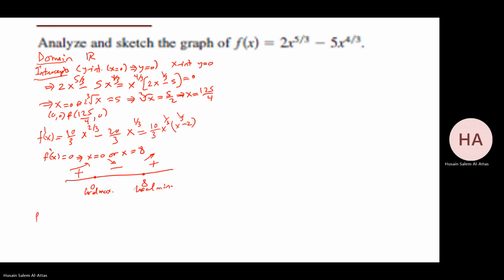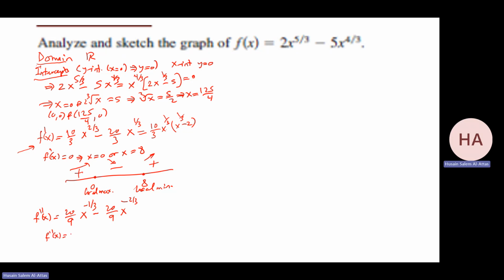Now, f double prime. From here I get that it will be 20 over 9 x to the power minus 1 over 3 minus 20 over 9 x to the power minus 2 over 3.